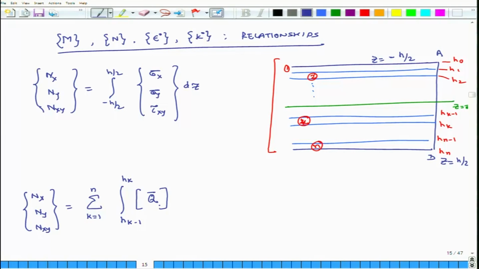For the kth layer, the stress is Q bar times epsilon x, epsilon y, gamma xy plus z times kappa x, kappa y, kappa xy.